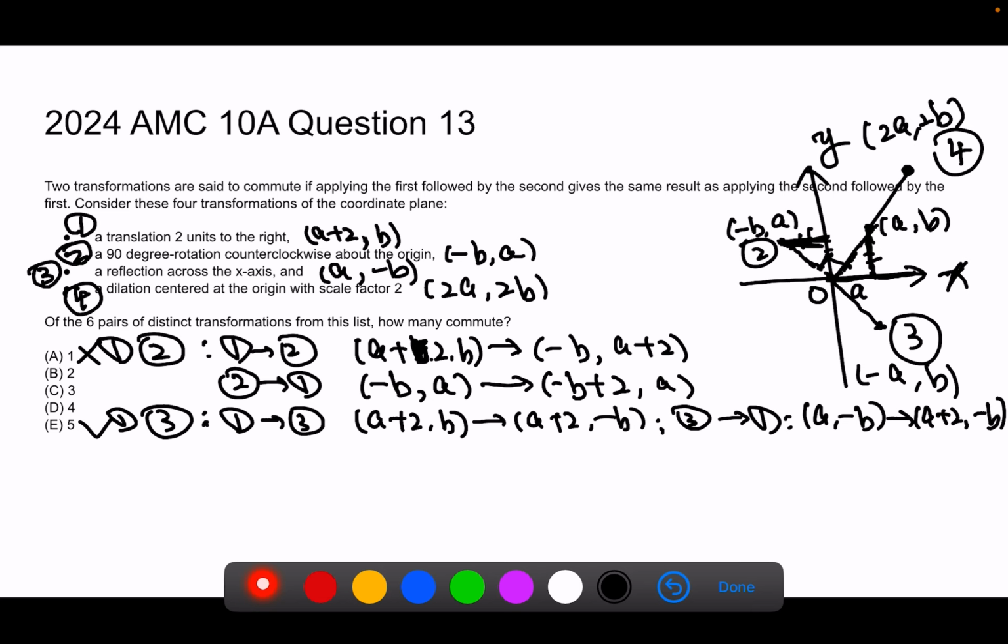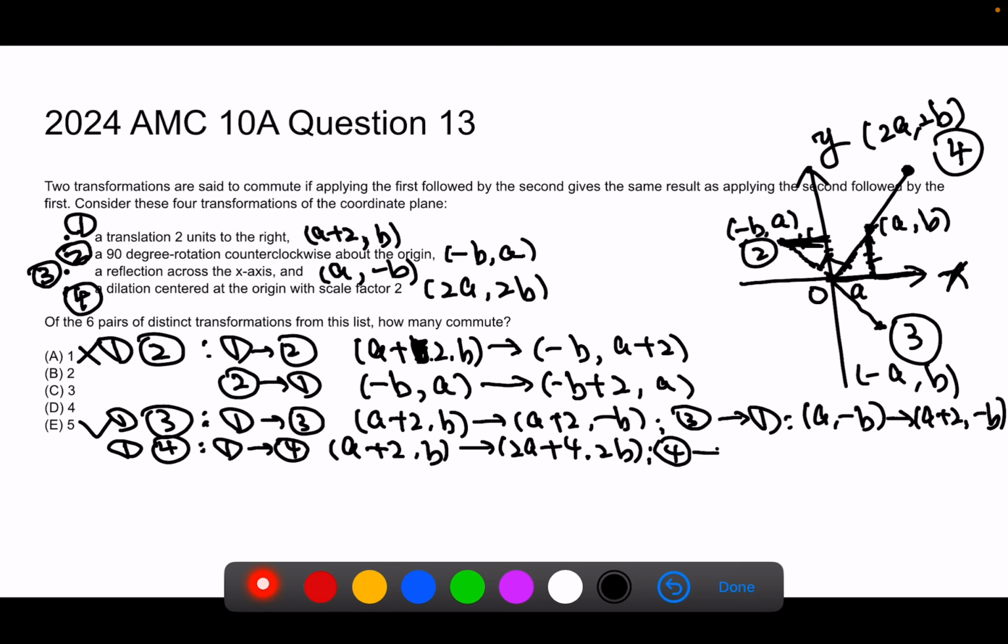Now let's try 1, 4. From 1 to 4, you'll get A plus 2, B as a first step. And then your dilation. Dilated, you times everything by 2 to get 2A plus 4, 2B.